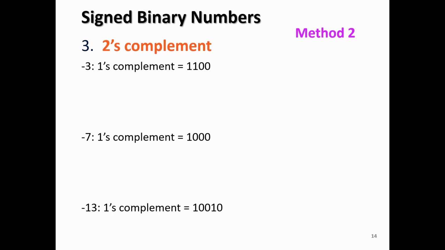This method requires us to start from the 1's complement representation, and then we add a 1. So for example, the minus 3 is 1100, and if we just add 1 to that, we end up with 1101. Not that bad, right? What about negative 7? The 1's complement of negative 7 is 1000.